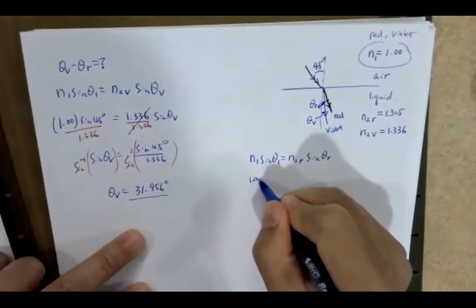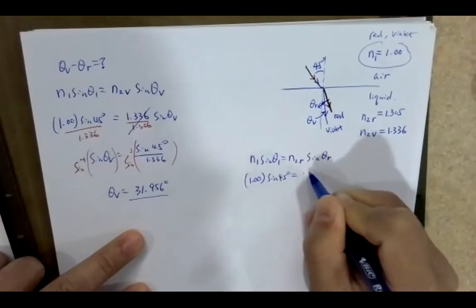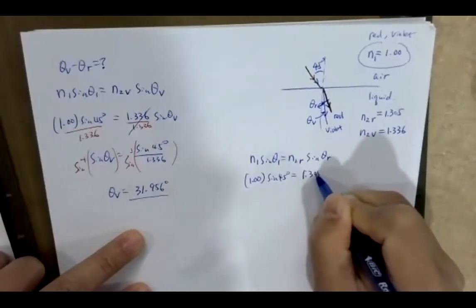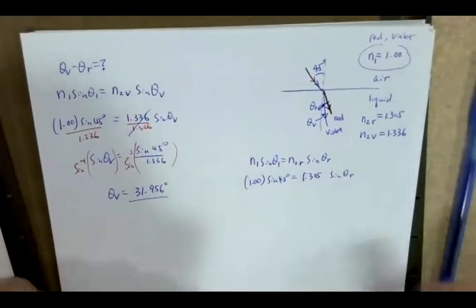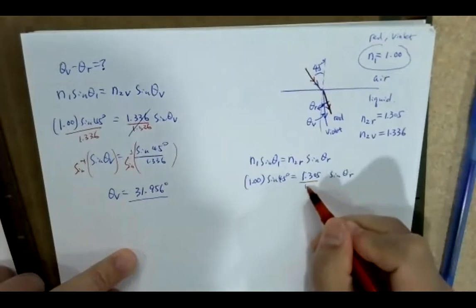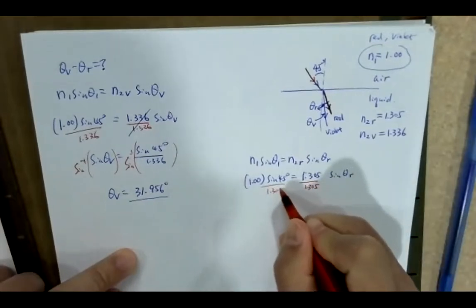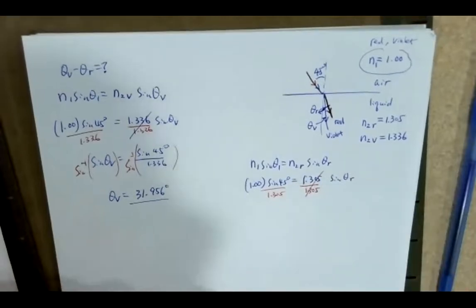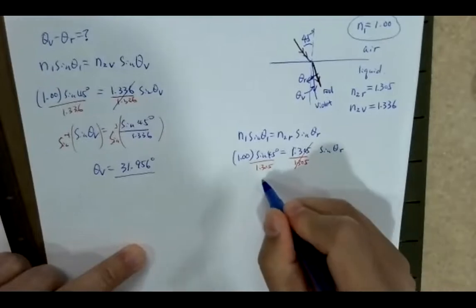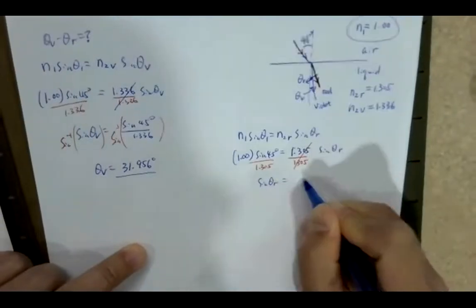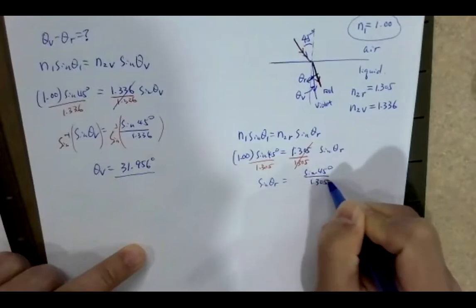So this is 1.00 sine of 45 degrees equal to 1.305 sine of theta R. You divide both sides by 1.305, and then sine of theta R is equal to sine of 45 degrees divided by 1.305.